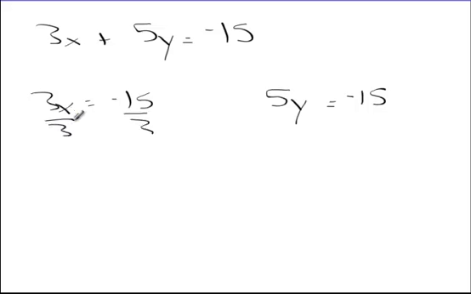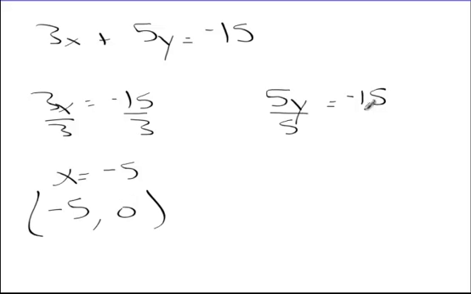Divide by 3, divide by 3. X equals negative 5. So that's the negative 5, and it is the x value. And the other one, if we're talking about an intercept, must be 0. Divide by 5, divide by 5. Y equals negative 3. So y is negative 3 in my ordered pair, and we're talking about intercepts, so the other must be 0.